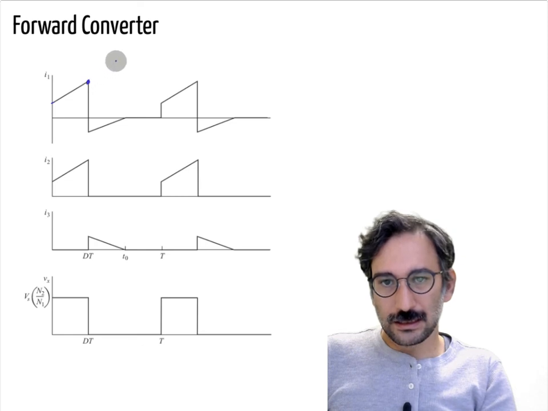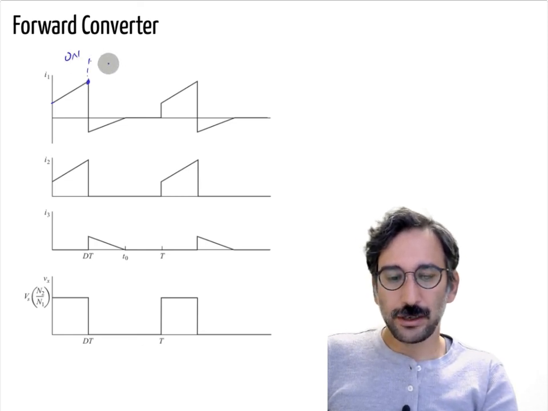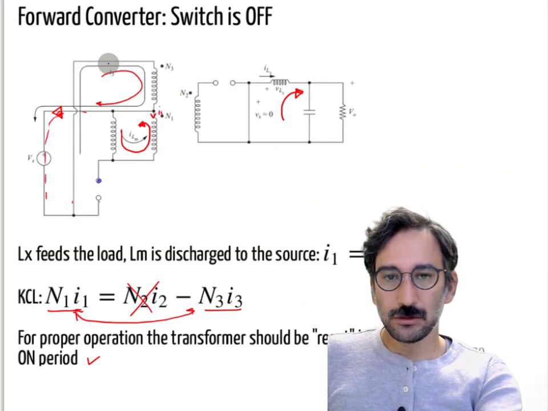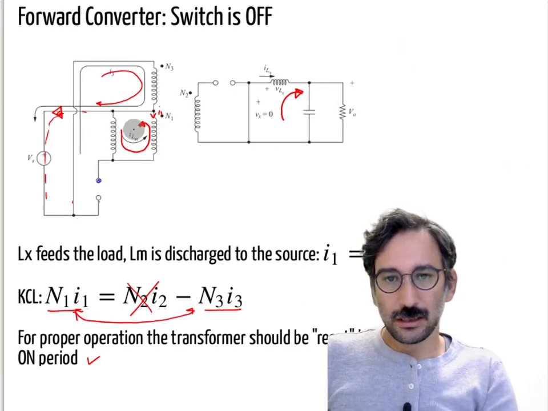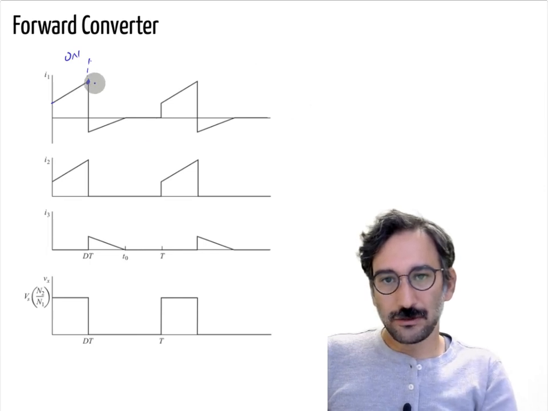This is our on period, and when you come back to off, the direction of I1 is suddenly reversed, so you are going from positive current to negative current at that instant. That is the ILM max.